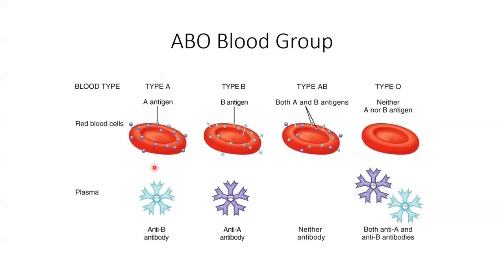So people with type A blood have the A antigen and anti-B antibodies. Those with type B blood have the B antigens and the anti-A antibodies. Type AB blood have the AB antigens and neither antibodies. Type O have neither A or B antigens, but both anti-A and anti-B antibodies.